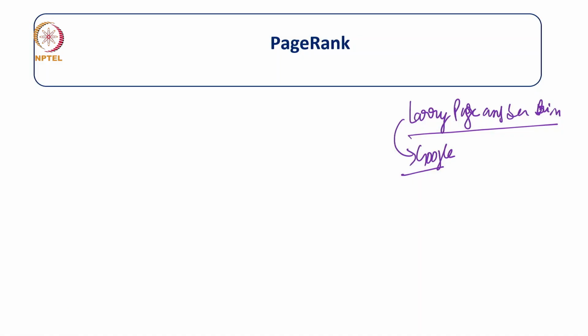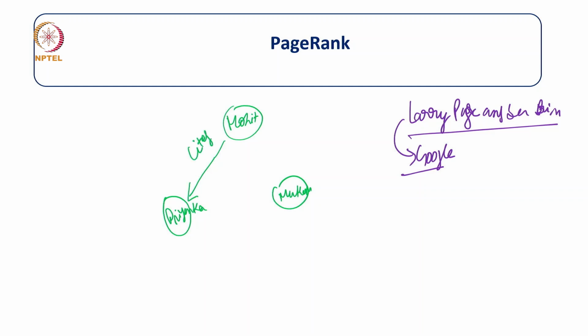Now consider this example. Mohit, then we have here Priyanka, then here we have Mukesh. Consider that Mohit has cited Priyanka in their paper.